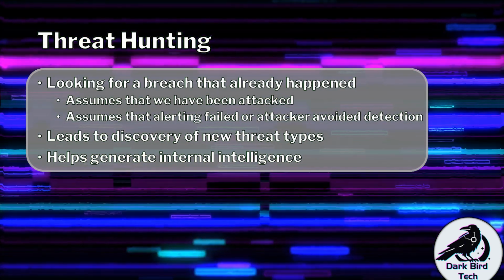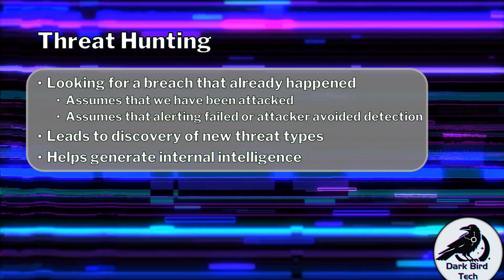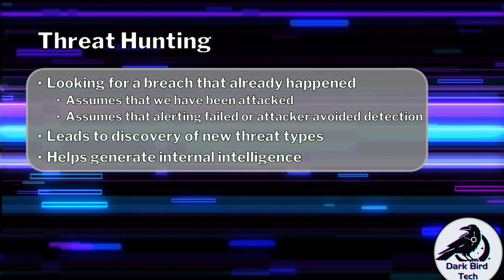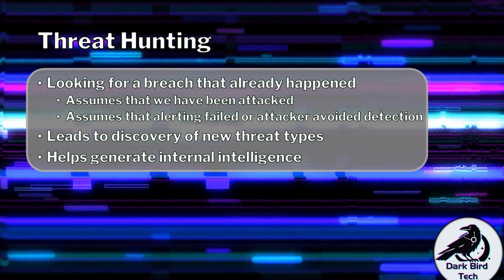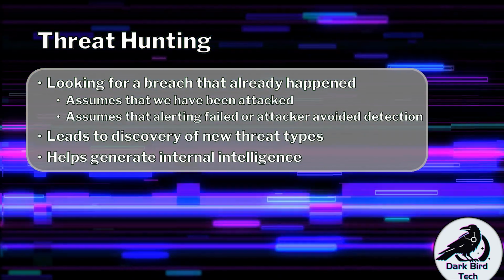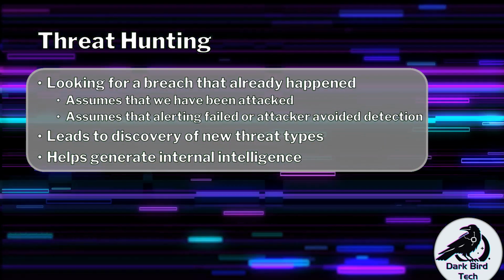When it comes to analyzing security intelligence that comes from outside the organization, you have to worry about applying context and making sure that you are not reacting to something that is irrelevant to you or your organization. So by generating your own internal intelligence, by hunting down and assuming that you've already been compromised, you are going to be in a better position for all of this.